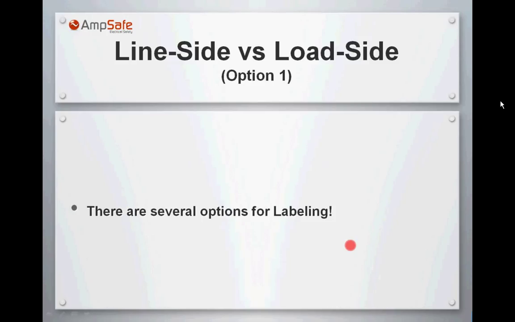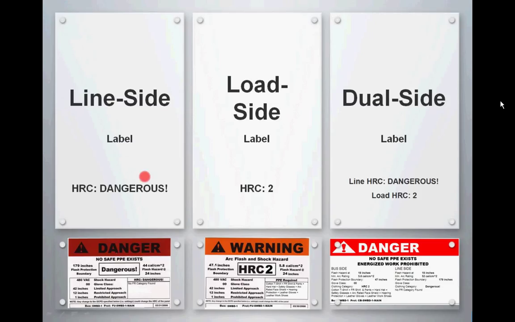What labeling option are we going to use? Are we going to use the line side energies for the whole panel, which might be dangerous, 44 calories, therefore making the whole panel out of bounds for maintenance while energized?